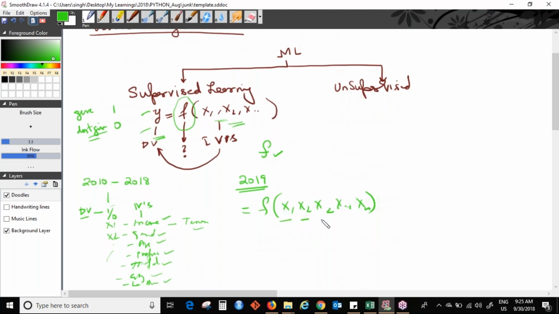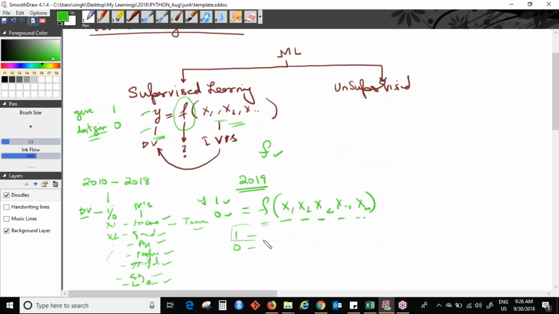So I will know all these details. What I do not know is whether he will pay or not. So y is not known to me in 2019, but I already know the function f. So I will just put all these variables in the function f, and automatically the function itself will give me 1 or 0.